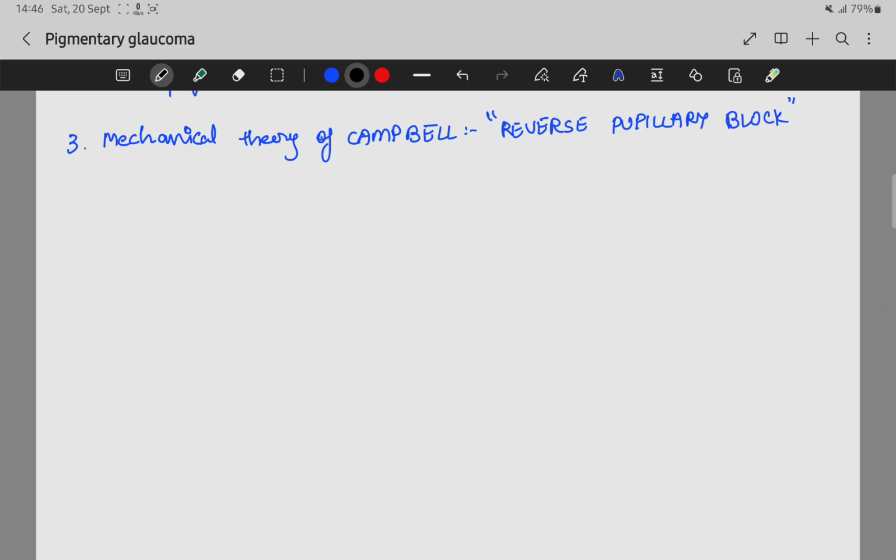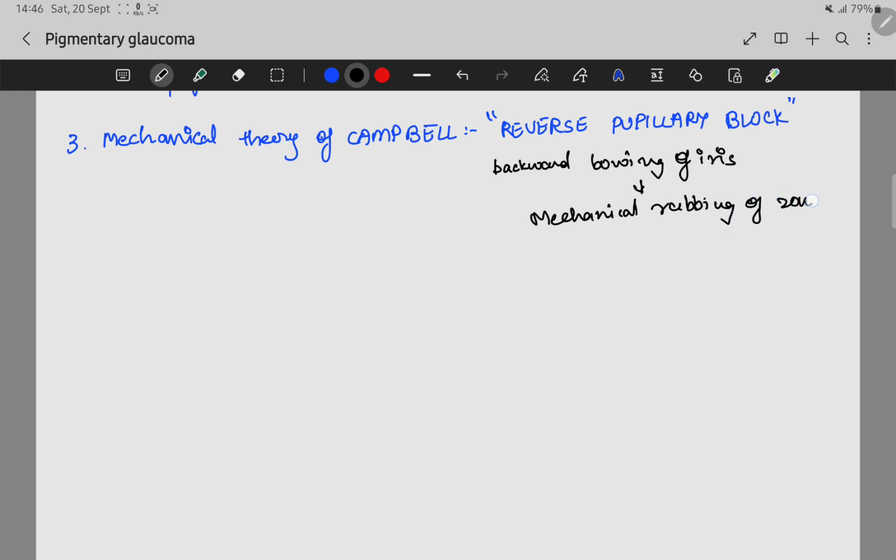So there is a backward bowing of peripheral iris which leads to mechanical rubbing of zonules against the iris pigment epithelium. Backward bowing of iris leading to mechanical rubbing of zonules against iris pigment epithelium.